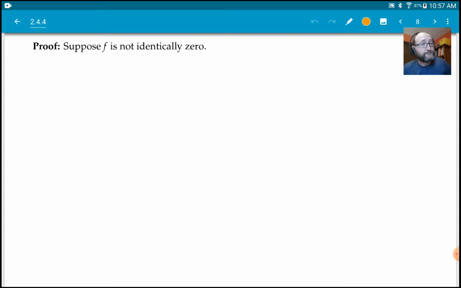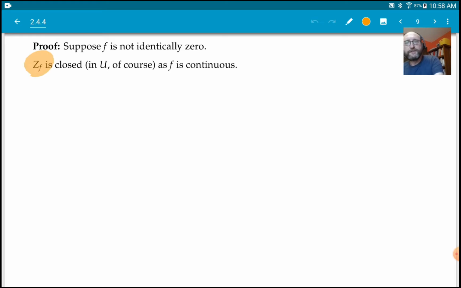So let's prove it. Suppose that f, this holomorphic function defined on this domain, on this connected open set, is not identically 0. So there are some points where it's not 0. Now, it's holomorphic, so it's continuous. So the set of zeros is a closed set. It's a pullback of a closed set, because the singleton point 0 is a closed set, so its pullback is going to be a closed set.